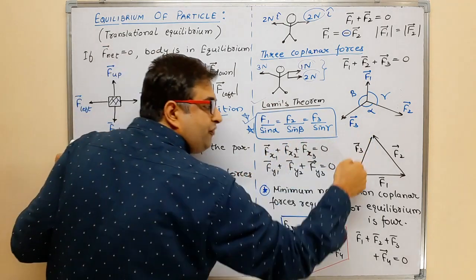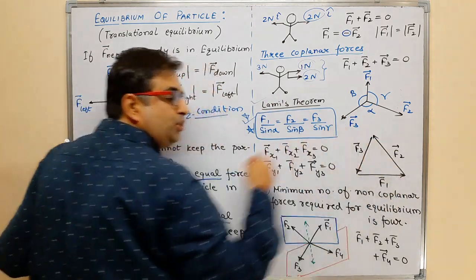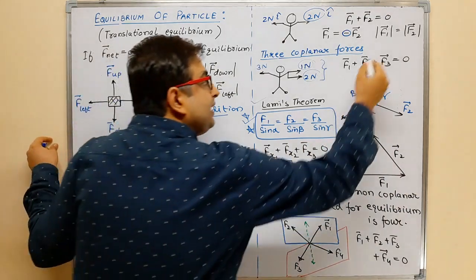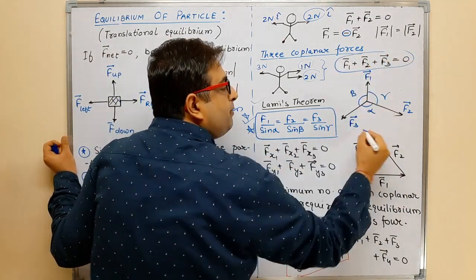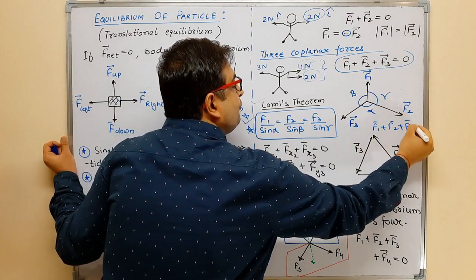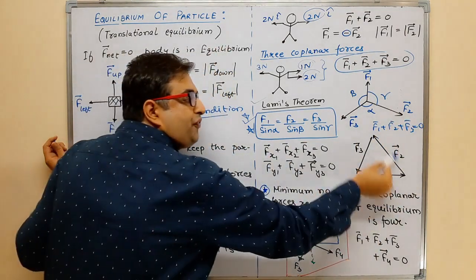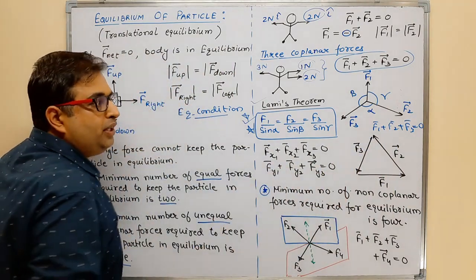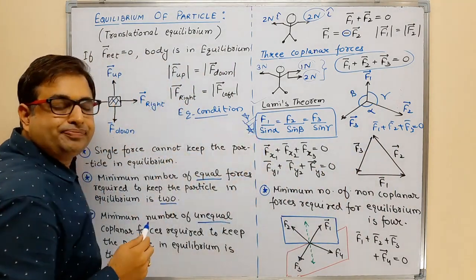Now, if three vectors are forming a closed loop, then again the resultant is equal to 0. Means F1 plus F2 plus F3 will be equal to 0 if they are forming a closed loop, or we have this condition.